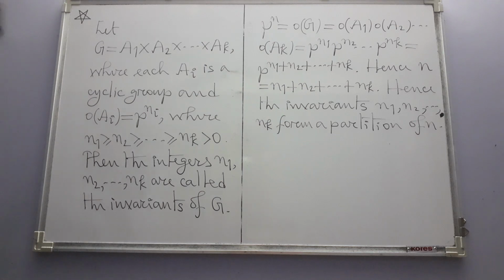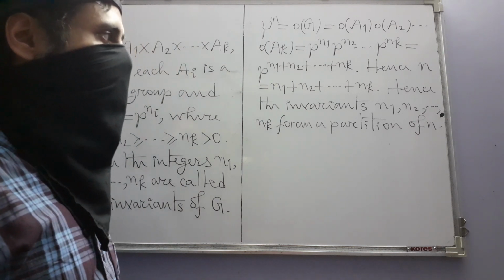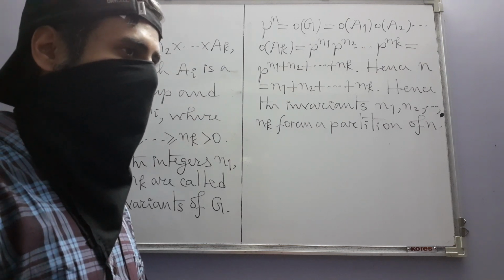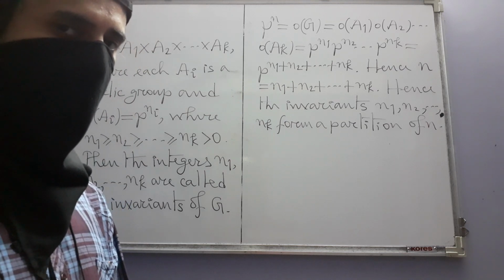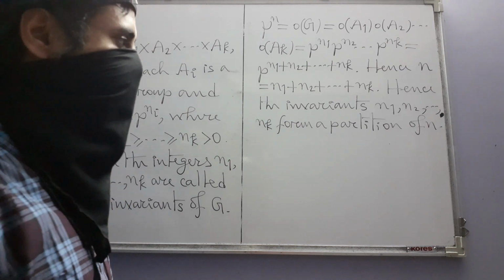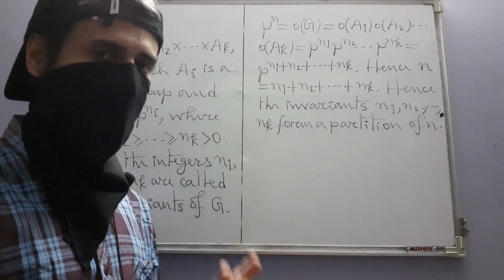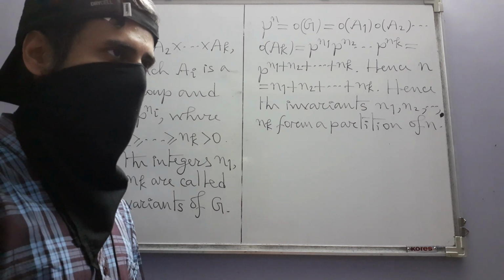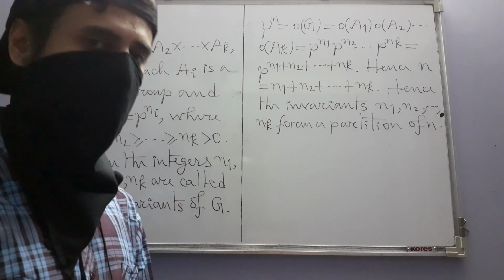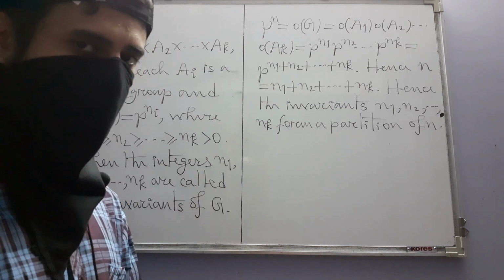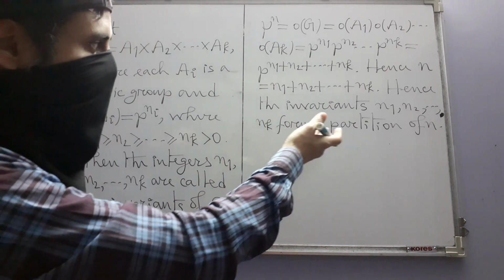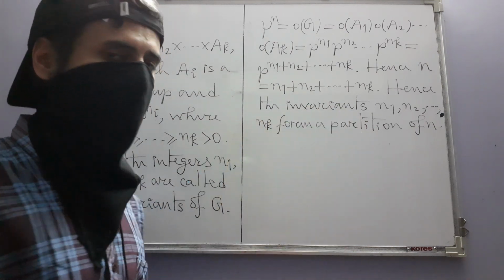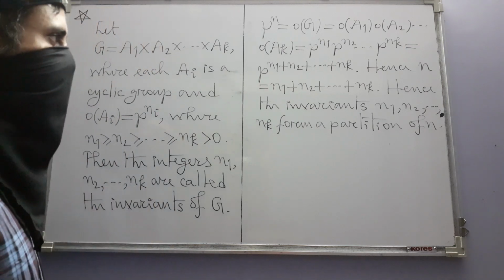We have already come across the notion of partitions in that part where we were figuring out the conjugacy classes of symmetric groups of degree n. If you go back, you will see that there we have the partition function coming up. And in fact, the number of conjugacy classes, if I am remembering correctly, is the number of partitions of n for the symmetric group S_n. But anyway, this is one property of the invariants of G, that they form a partition of that exponent n in its order p to the power n.